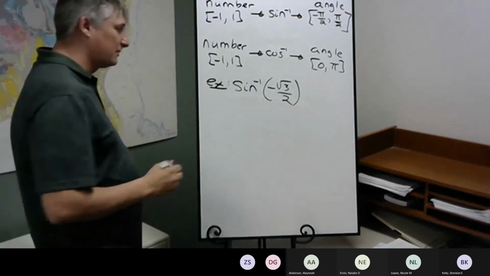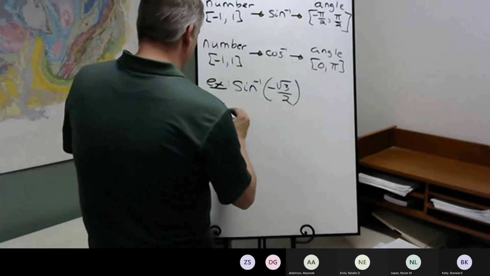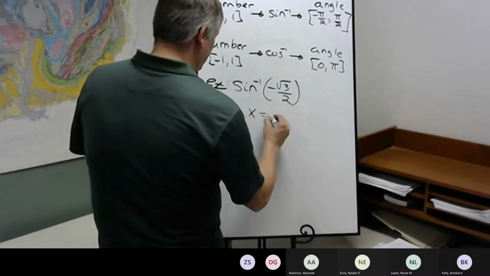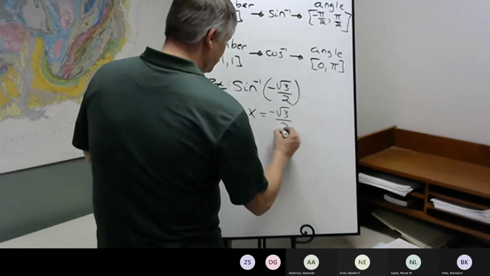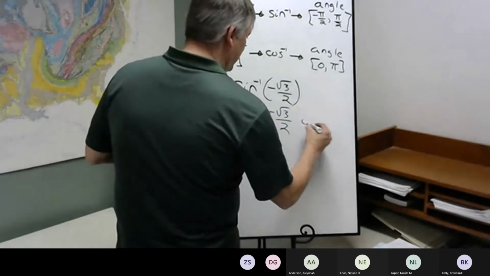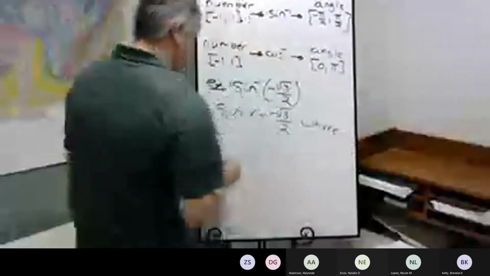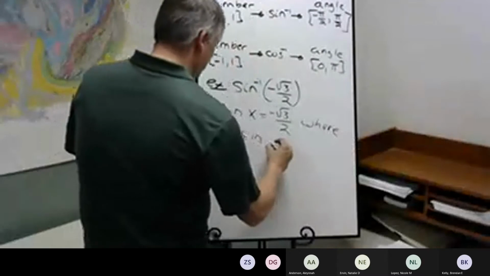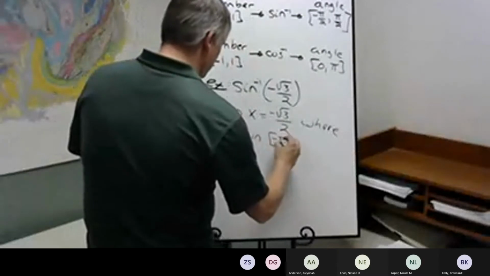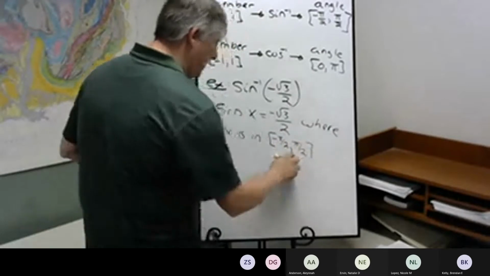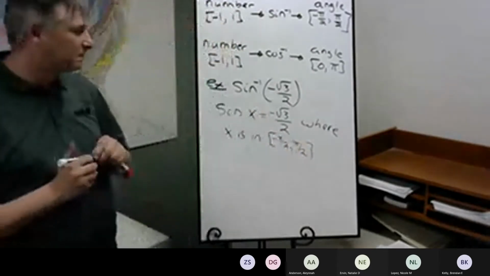What this means is we're looking for the sine of x equals -√3/2, where x has to be a number in that interval.